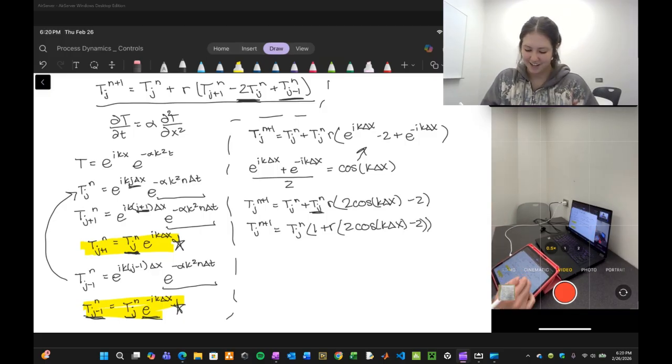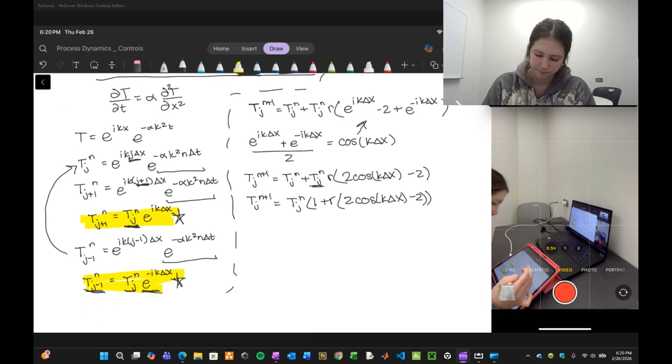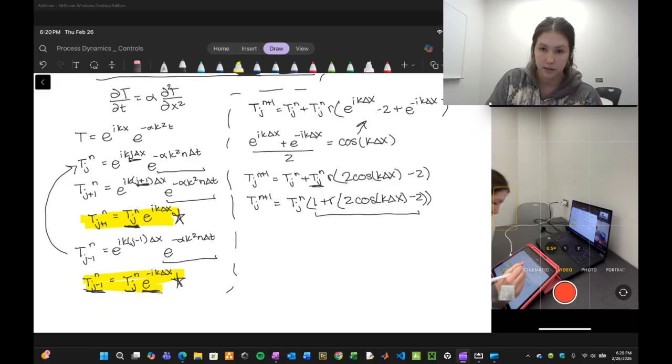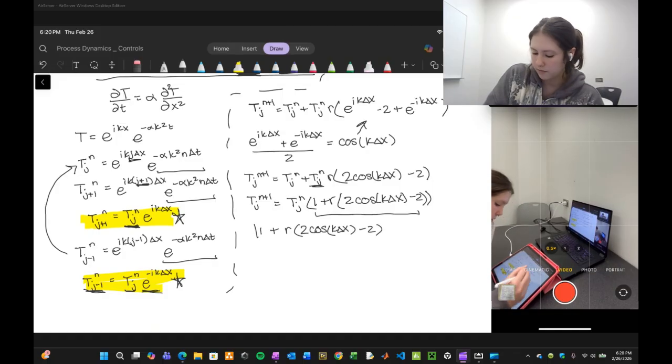Okay. And then this is where the von Neumann stability analysis comes in. So if we look at just this term here, the von Neumann stability analysis says that the absolute value of this term cannot be greater than 1.